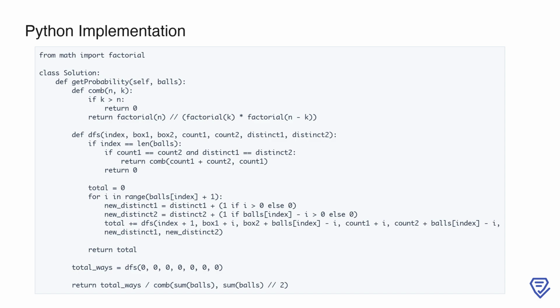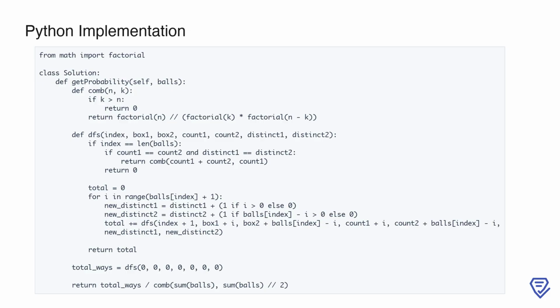We first create a helper comb function to calculate combinations, which is essential for determining the number of ways to distribute balls. The main recursive function, DFS, depth-first search, is used to explore all possible distributions of balls. It takes parameters such as the current index of the ball type being considered, the counts of balls in each box, and the number of distinct ball types in each box.